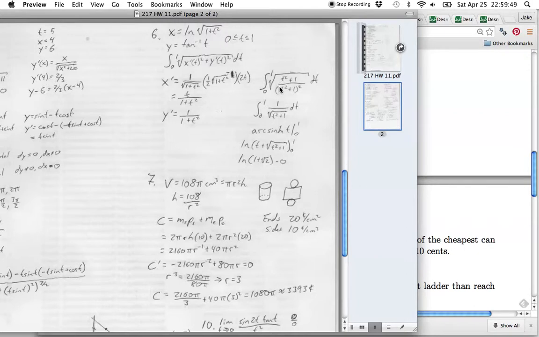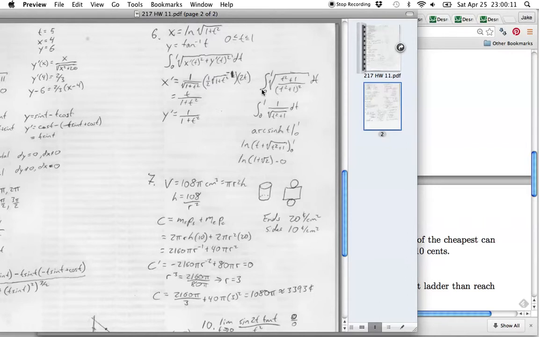Since they both have the same denominator, I put those together. This is the common denominator, that part squared, of course. And then I have the numerator, the t squared, and then the 1 squared, which is still just 1, and they're added together. So that's where this comes from.